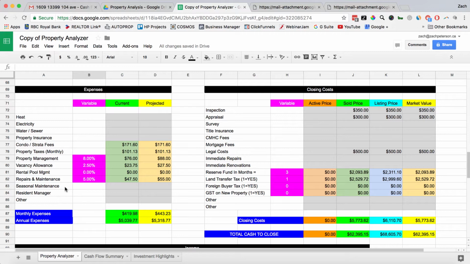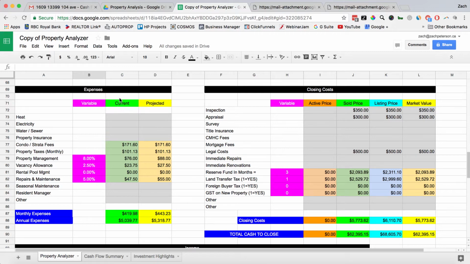If this is a house and you've got to hire a landscaper or somebody to shovel the driveways when it snows, then you want to include your average expenses for that. Or if this is a multifamily building and you have a resident manager, what does that cost you every month, and any other expenses you might have.